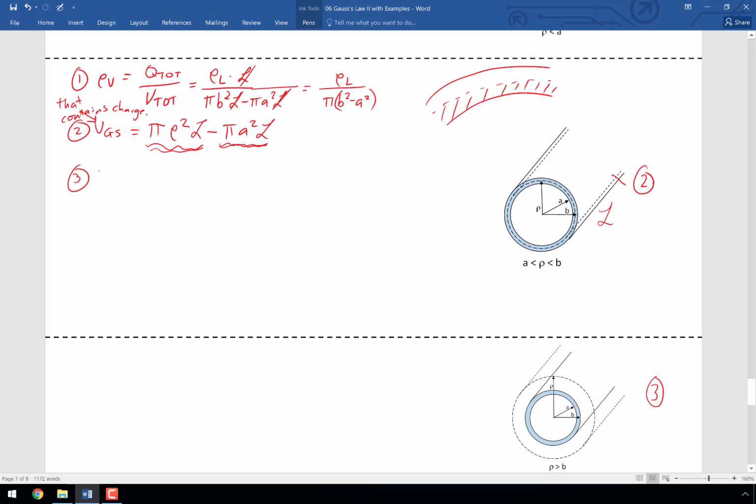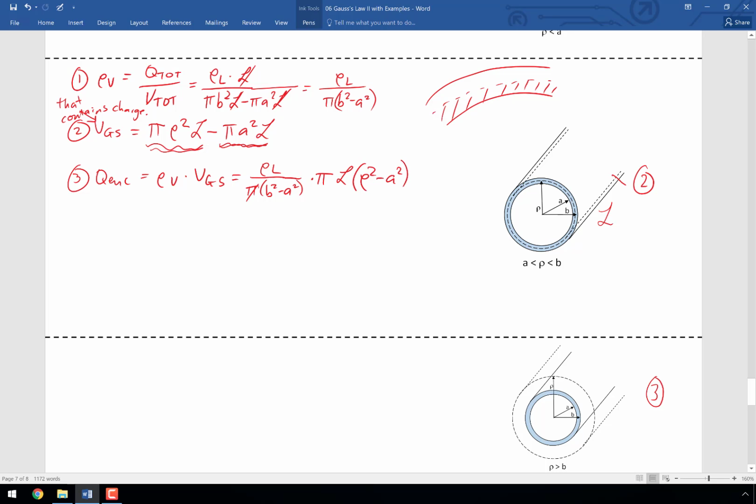And then step 3, what is the enclosed charge? It's going to be rho sub V times the volume of the Gaussian surface, which is rho sub L divided by pi times b squared minus a squared, multiplied by pi L times rho squared minus a squared.